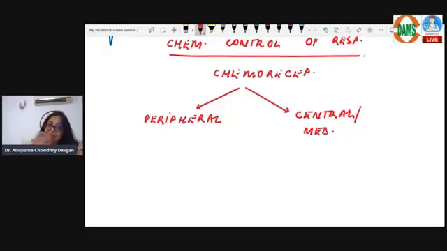Remember, whenever the chemoreceptors are excited, they will increase not only the depth of inspiration, they will also increase the rate.